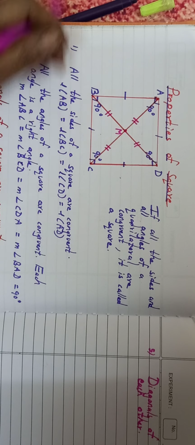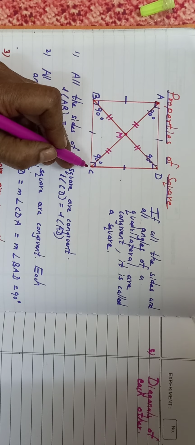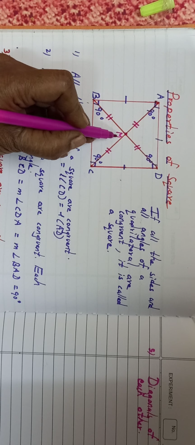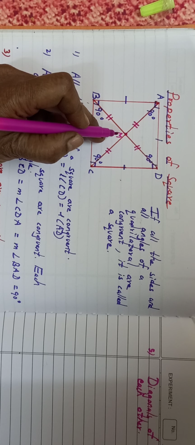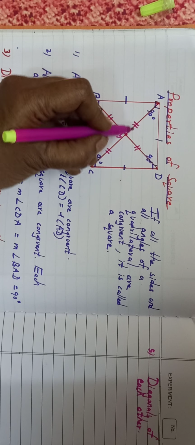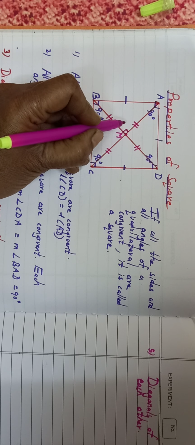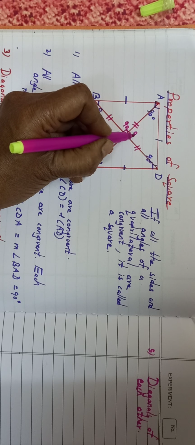The next very important property of a square is that the diagonals AC and BD, they are intersecting at point M. At point M, diagonals of a square are perpendicular to each other. So at point M, the angles formed will be right angles.